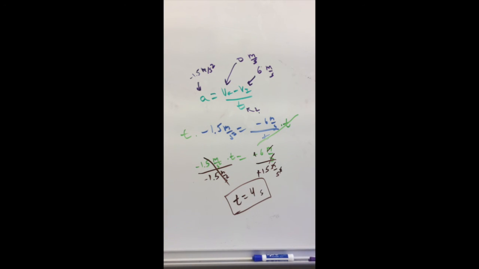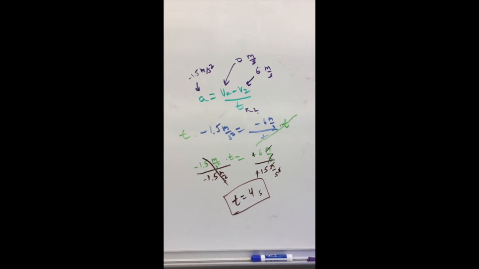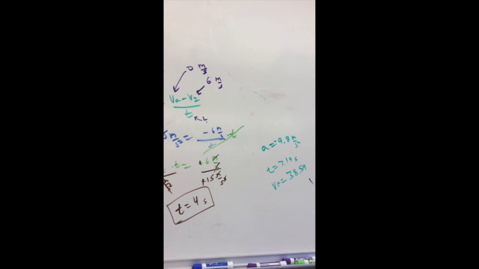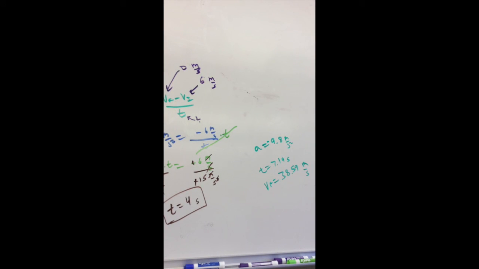I just realized I'm writing all of this off the screen. Let me rotate this a bit. Ultimately, if you have values for your variables like this, you are not going to be able to just logically solve it and think, okay, after 1 second it'll be traveling this fast, and after 2 seconds it'll be traveling that fast. So that's why it's really important to be able to plug these kinds of variables into an equation like that.